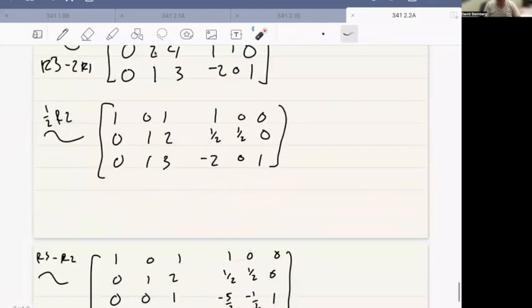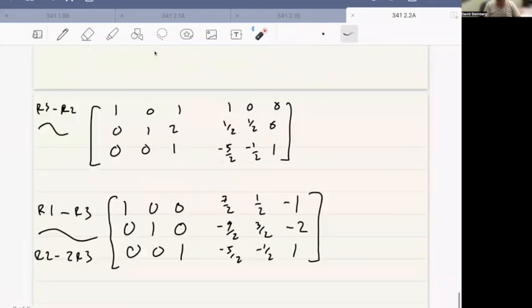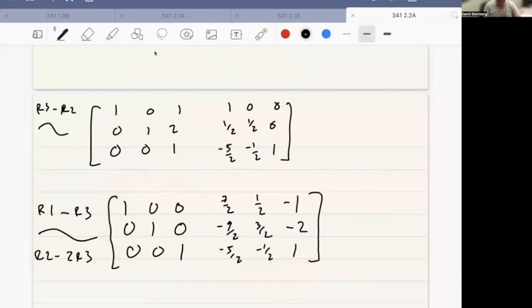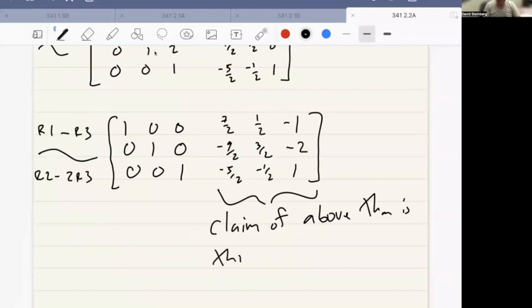We've reduced A to the identity matrix, and what happened over here is the inverse of A. So the claim of that above theorem is that this matrix is A inverse. So we have a concrete way of computing inverse matrices of any size, not just 2 by 2.